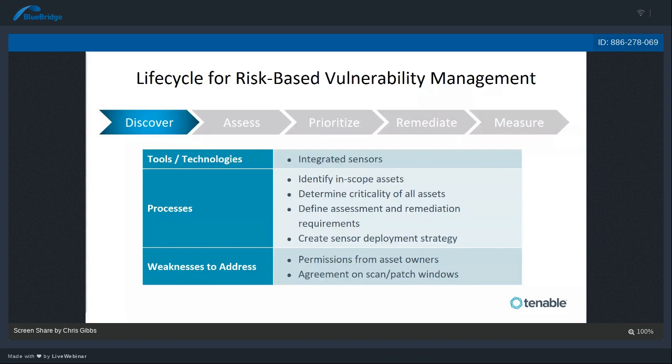Then we're going to need to think about defining assessment and remediation requirements. What kind of scans are we going to be doing? Are we going to be doing credentialed scanning? If at all possible, we highly recommend using credentialed scanning because it gives you the best visibility. Are you going to need to deploy sensors, agents, perhaps? Right now, in the world state that we're in, a lot of people are working from home.